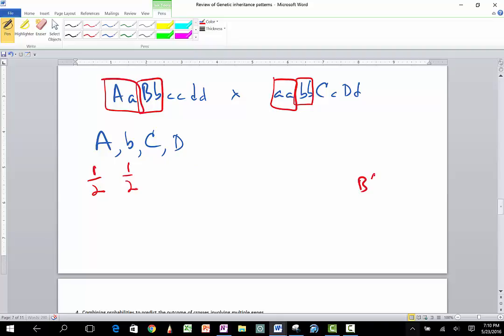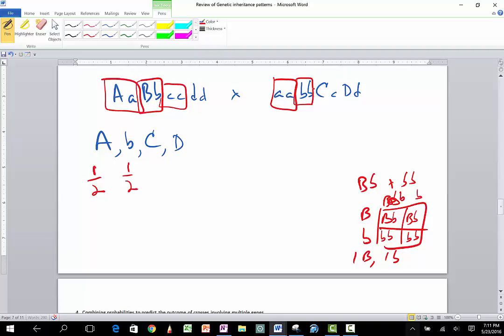Because if you got big B times little b, so I don't mind putting squares for just one gene at a time. Oops, it doesn't go there. Got little b. So we get one big B phenotype to one little b phenotype. So that's 1/2. C, so these are all test crosses in this case.